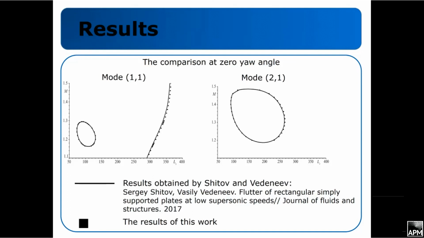In these figures, the Mach number is plotted on the vertical axis and the non-dimensional length of the plate on the horizontal axis. The solid line denotes the result obtained by Yekaterina, and the dotted line denotes the result of this work. The comparison shows that the results are in good agreement for mode 1 and for mode 2.